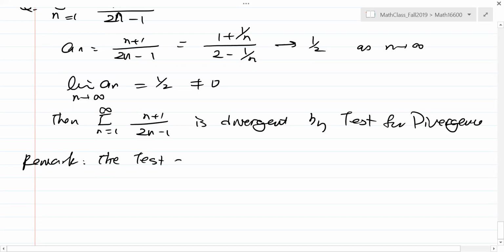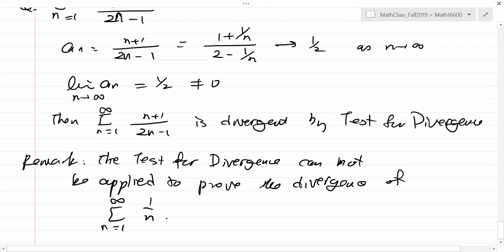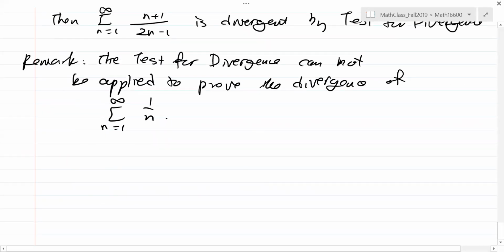The test for divergence cannot be applied to prove the divergence of this series. Why? In this series, the nth term approaches 0, but that is only the necessary condition for the convergence of a series.